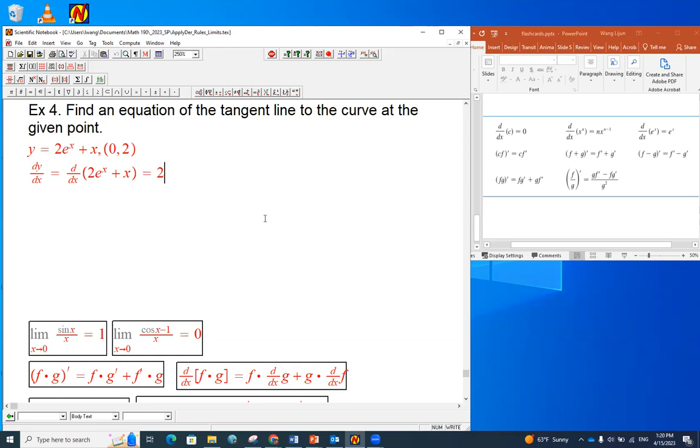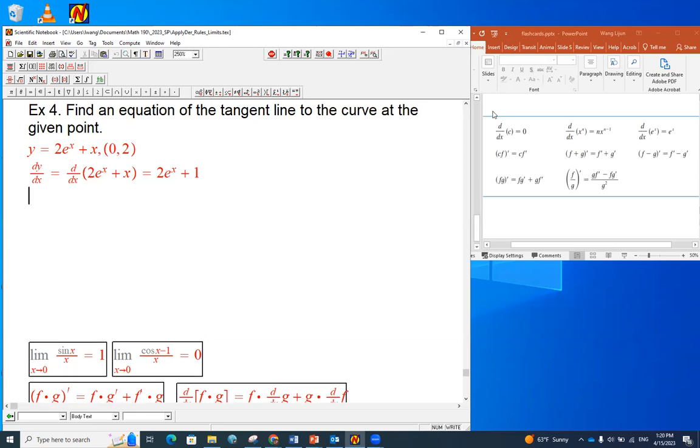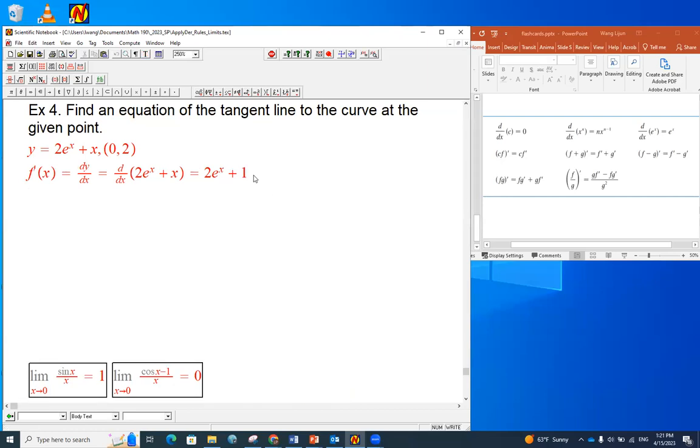And the first one, we get 2 times e to the power x, the derivative of e to the power x is the same. And the derivative of x equals 1. So we got the derivative function. This derivative function, okay, would be able to give us the slope of the tangent line at any point.